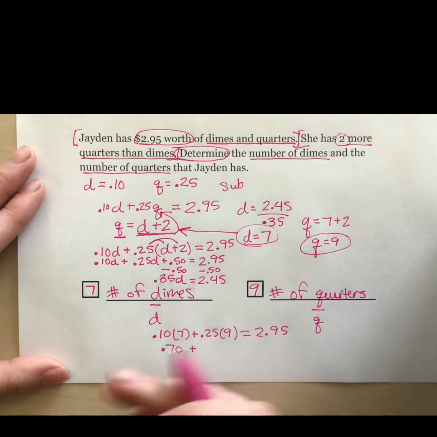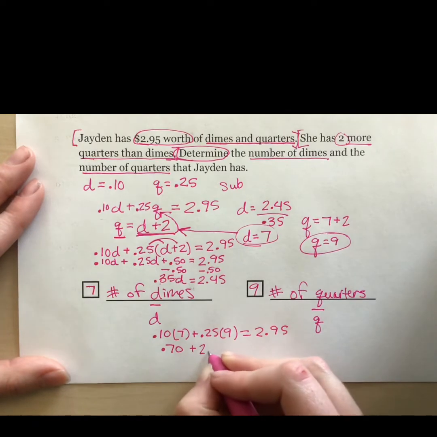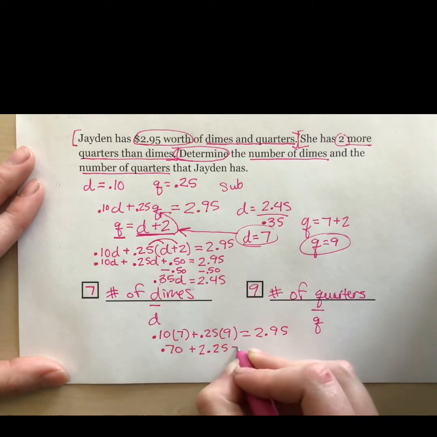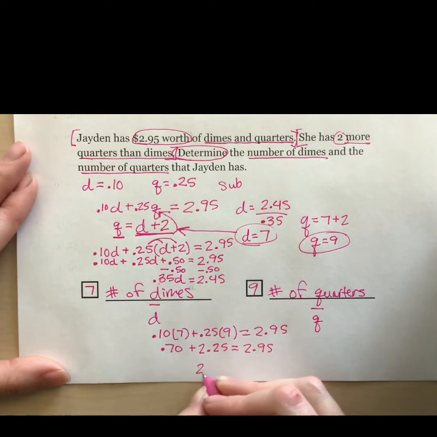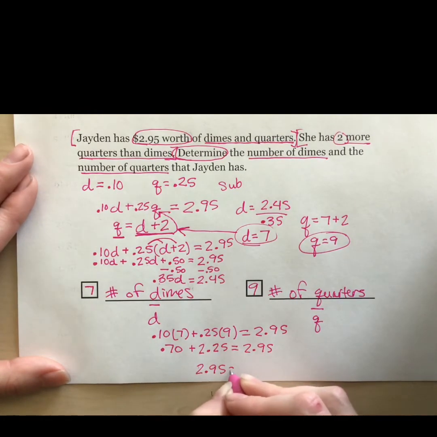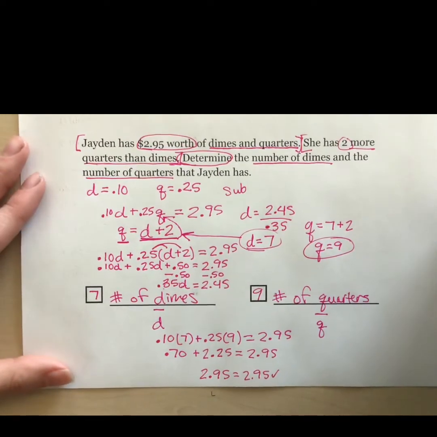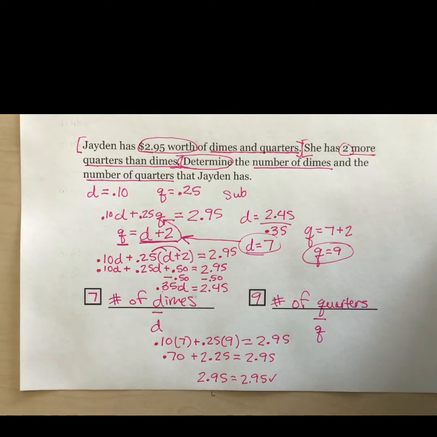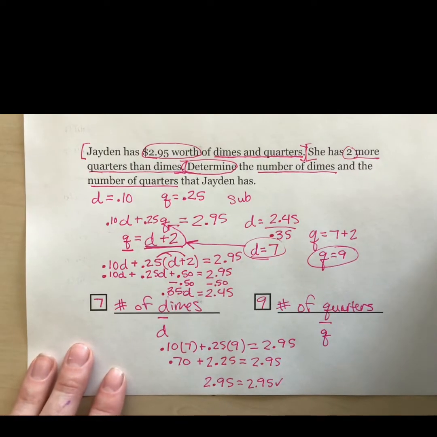Well, I know that in $2 there are 8 quarters, so this would be 1 quarter more for $2.25. Combining those together, we do in fact get $2.95, telling me that we have done that problem correctly. We'll go through one more example, and then I will have gone through everything that we need to talk about for these systems of equations.